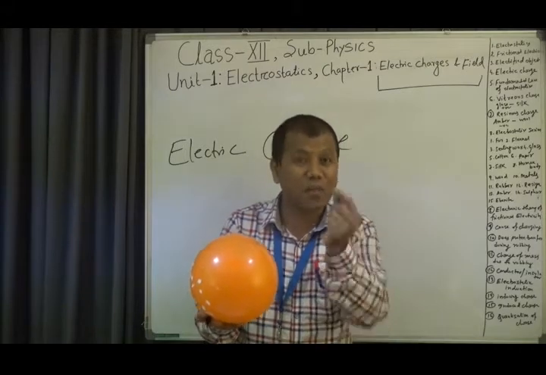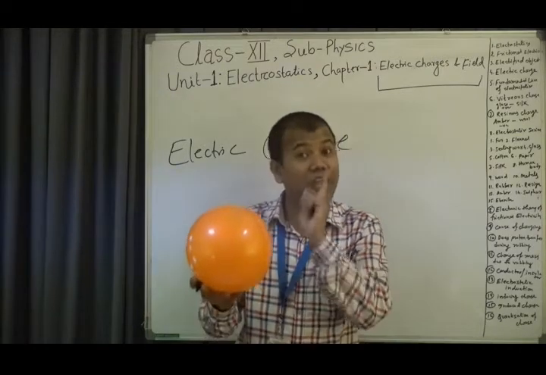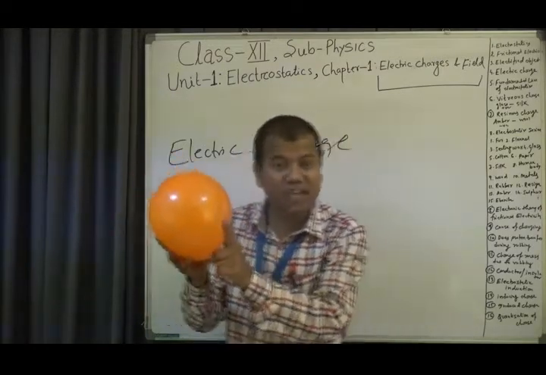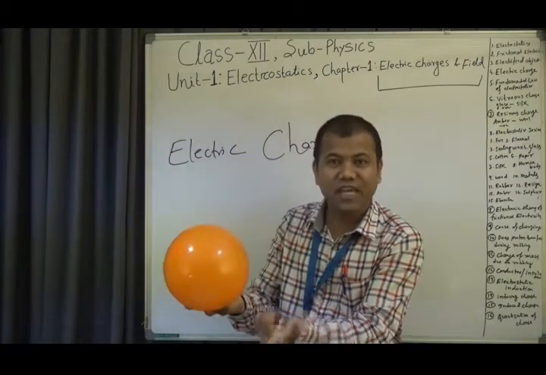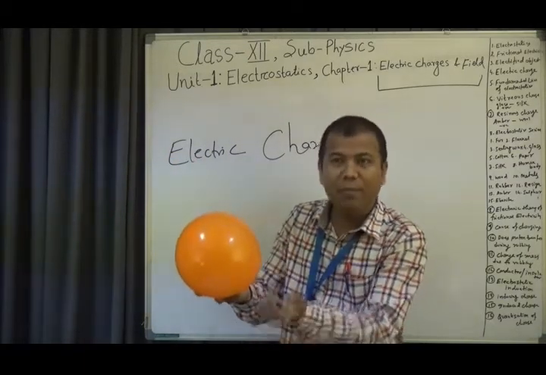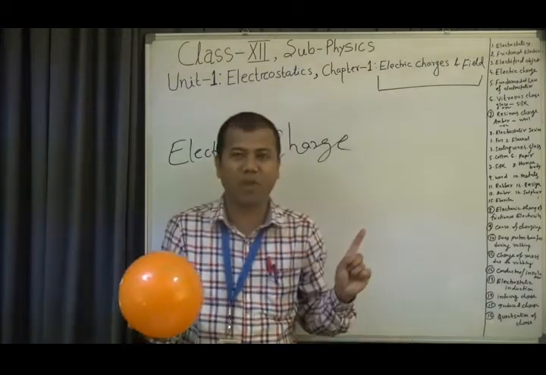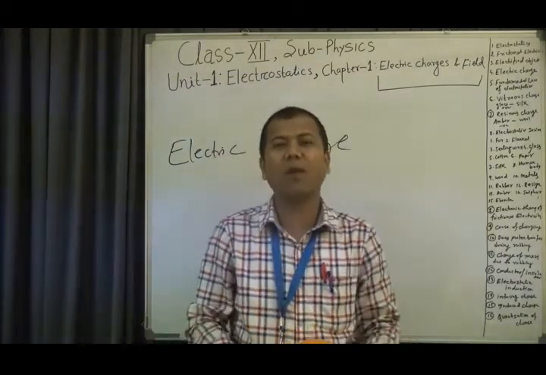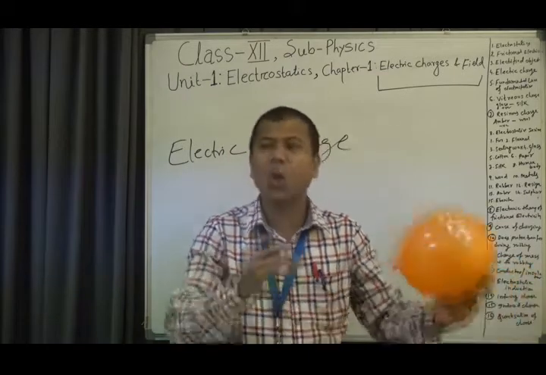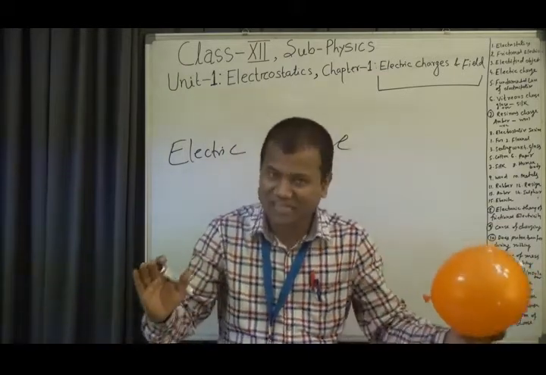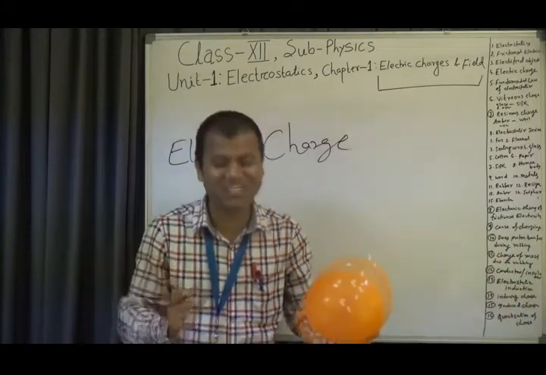So what are charges? Small masses. And due to that, the balloon acquires the property of attraction. Yes, you have seen the paper beads were attracted by the balloon. So that is one intrinsic phenomenon due to which an object attracts or repels another object. That is simply the concept of electric charge.